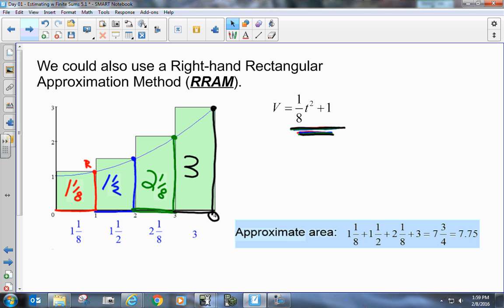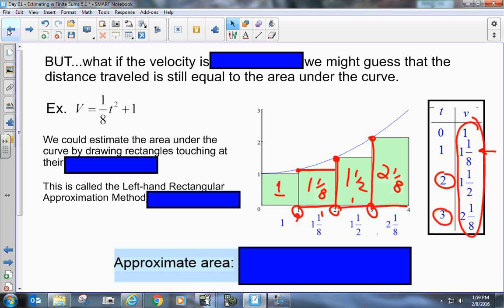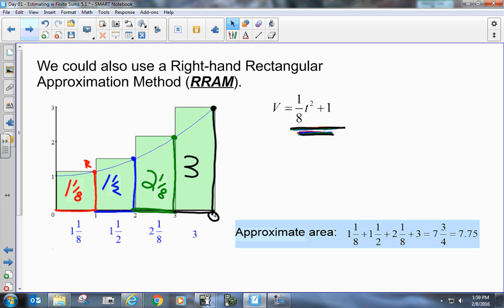What do you notice about the right hand approximation? Look at the graph and how we draw rectangles. And the left hand. So what do you think we can say then about the approximate areas that we're coming up with for the left versus the right?